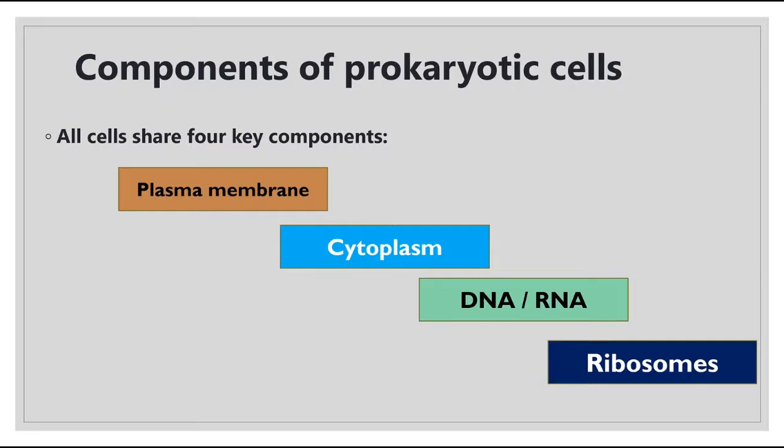Cytoplasm consists of a jelly-like substance, the cytosol, inside the cell, plus the cellular structures suspended in it. In eukaryotes, cytoplasm specifically means the region outside the nucleus, so the definition is slightly different for eukaryotes and prokaryotes. DNA or RNA is the genetic material which carries the information of the cell, and ribosomes are the molecular machines that synthesize proteins. So these are the basic components of prokaryotic cells.